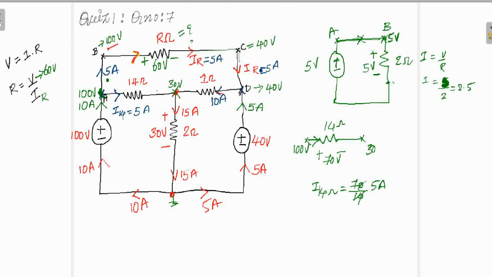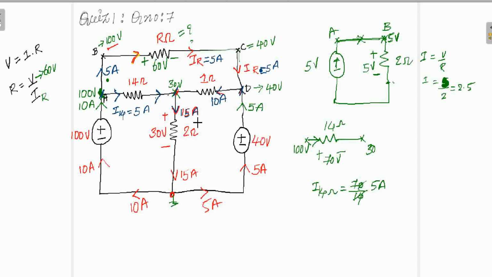So to this section we are getting 5 ampere current and from the branch 14 we are getting 5 ampere current. From the branch 1 ohm we are getting 10 ampere current. So 5 plus 10, so 15 ampere current flows through 2 ohms. So from the observation we considered 15 amps, and from the calculations we got the same 15 amps.